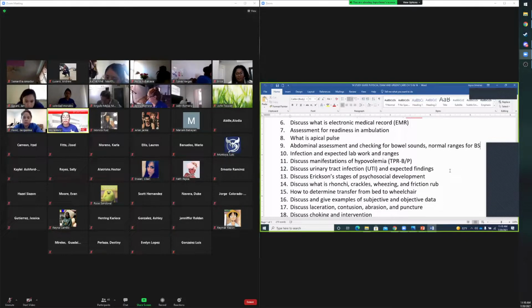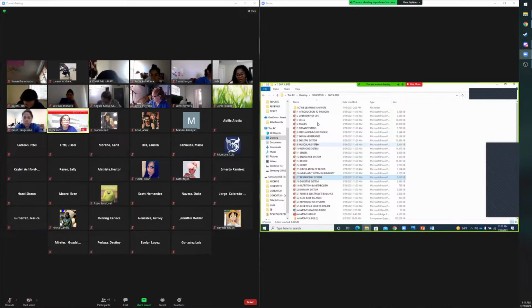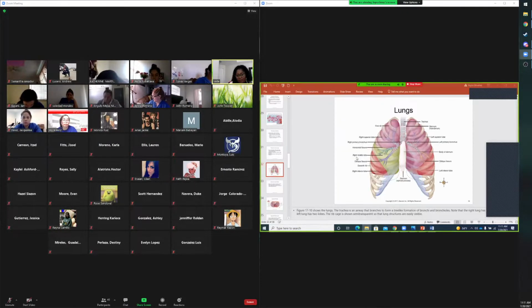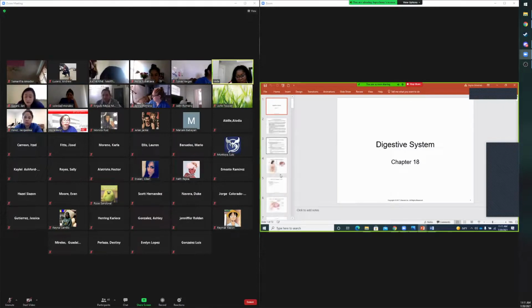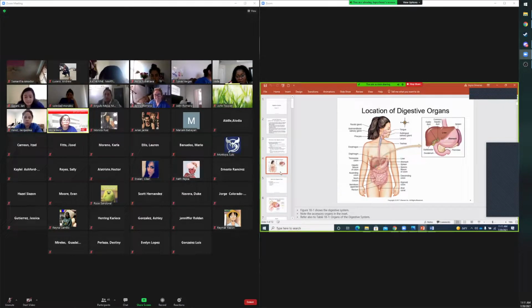Okay. So how do you check for bowel sounds? That is your quadrant. You start with the right lower quadrant, then you go up the right, then left upper, then left lower.